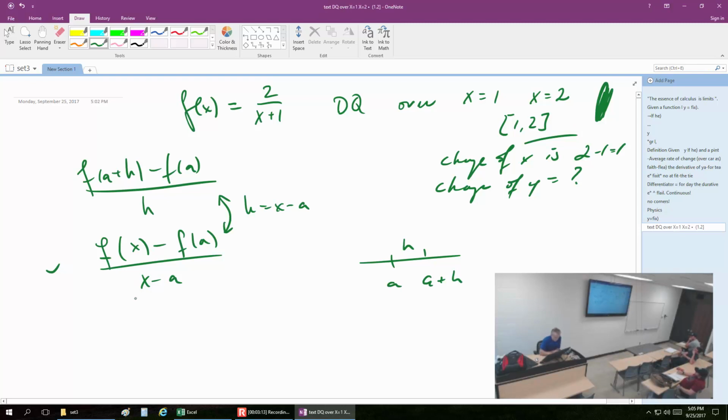So you can be specific. You don't have to. Sometimes if there is no limit concern involved here, so if we are talking literally about the average rate of change, the average velocity, you don't get to that next step of taking the limit, then you don't have to have anything more than this, and you just say b is equal to 2, a is equal to 1.